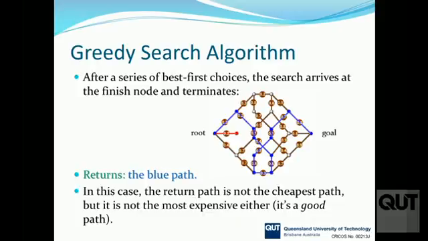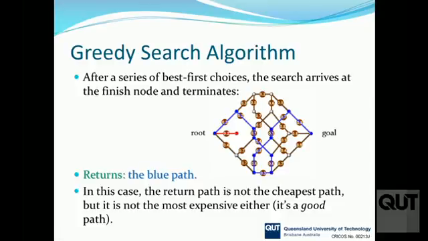So what happens is after a series of best first searches, so it's gone 0.3, and from this place it can choose 0.2, 0.1, 0.04, so it basically goes around and finds a path. And once it gets to the goal, it's succeeded in finding a pathway, so then it returns that blue path.